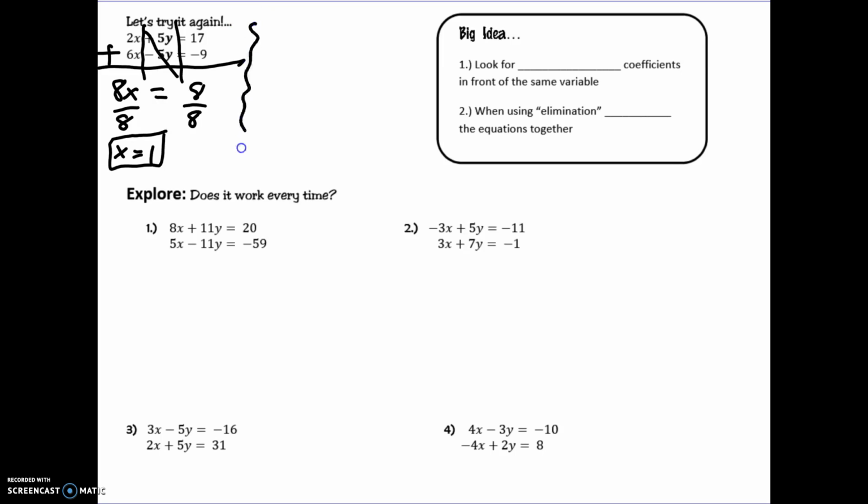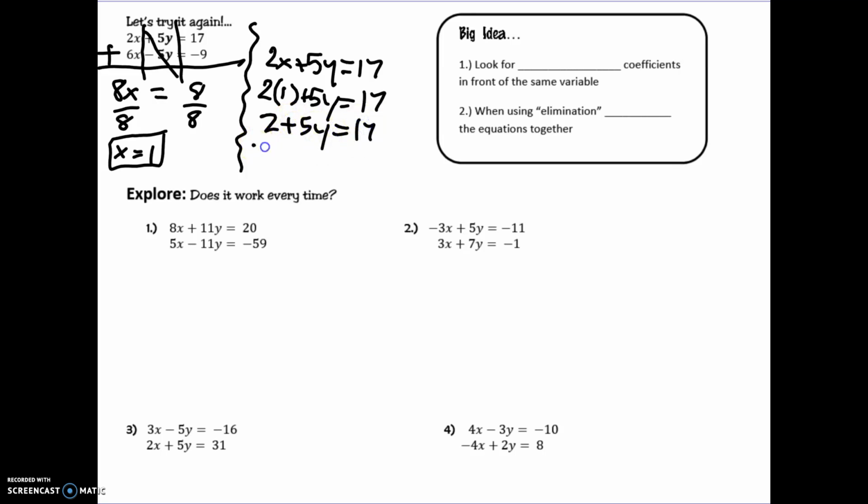So I'm going to keep going, and I'm just going to pick one of the two equations we started with. So I'm going to pick 2x plus 5y equals 17. And I'm going to use the x value of 1 to figure out the y value. So 2 times 1 plus 5y equals 17. 2 plus 5y equals 17. I'm going to eliminate my constant.